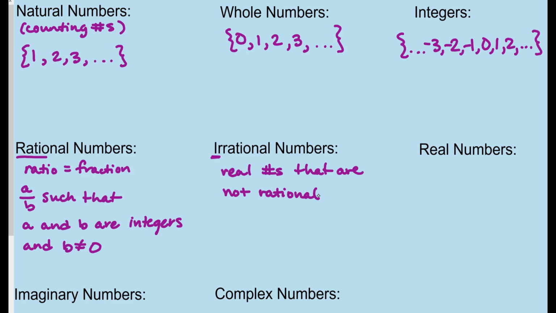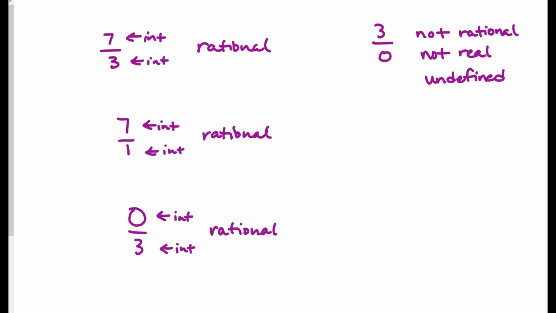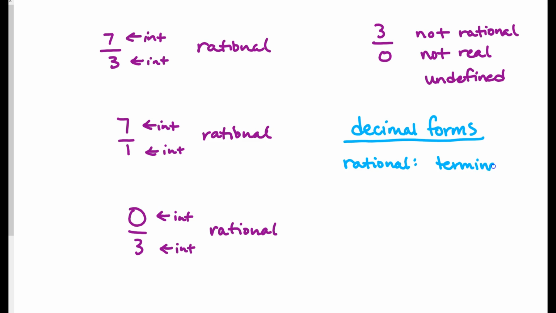Now, if you want to think about the decimal forms of rational and irrational numbers, if you're thinking about a rational number, in its decimal form, it would either terminate. For example, if you had 1/4, in its decimal form it would be 0.25, and that terminates.